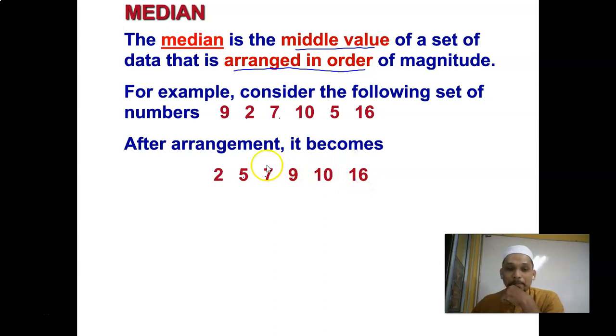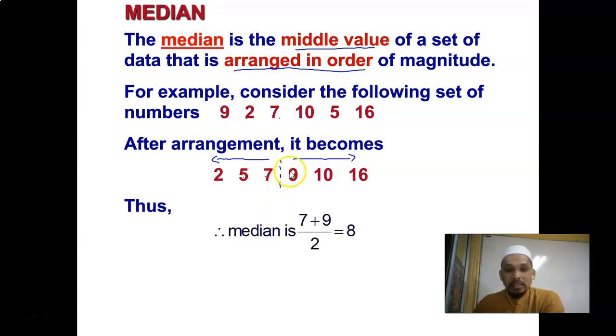If we divide it into 2 parts here, as you can see, there are 3 numbers to the left and 3 numbers on the right side of this middle line. So the median is the summation of these two, 7 plus 9 divided by 2, which is equal to 8.